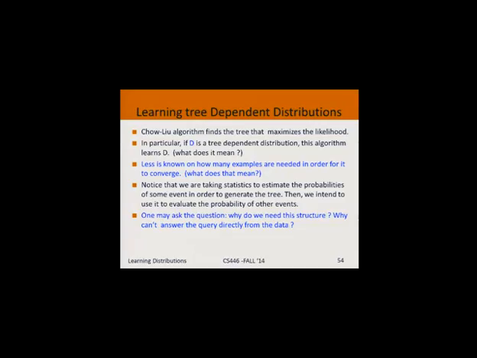I'm not going to talk about it, but your question is a good one because it indicates that I cannot interpret the graphical structure as causality, because I can get exactly the same thing by changing the directionality. But if we want to say more, there's a lot more to say about it.